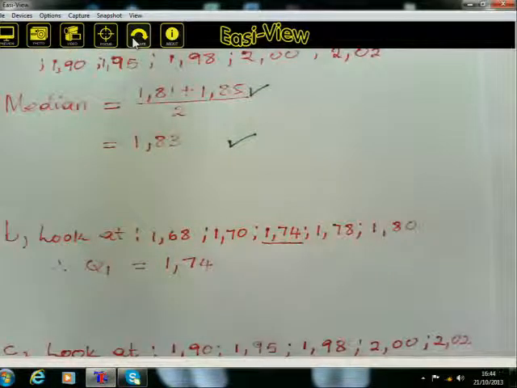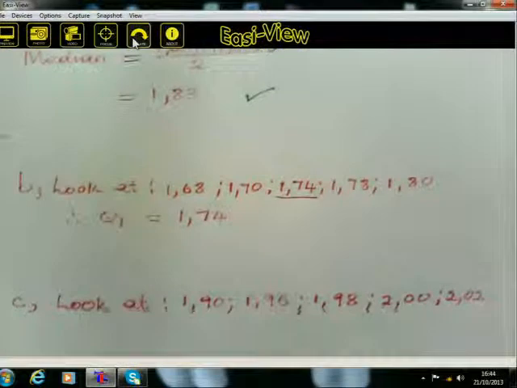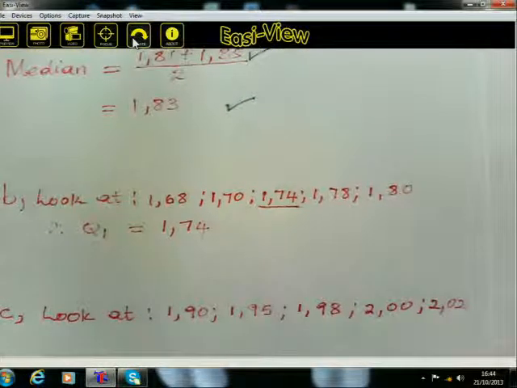Remember to write your semicolon. Semicolons separate numbers.